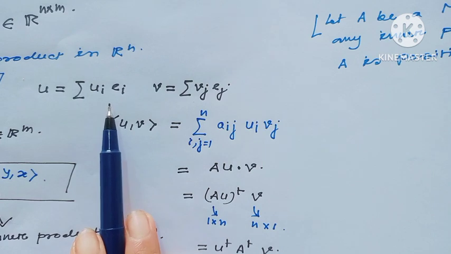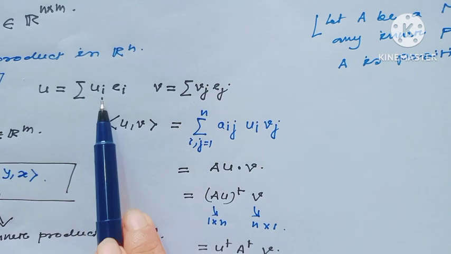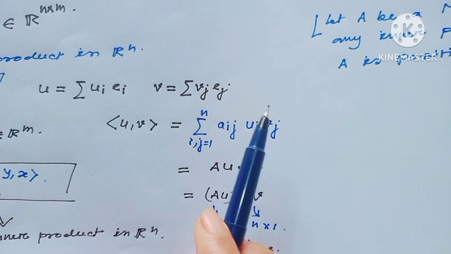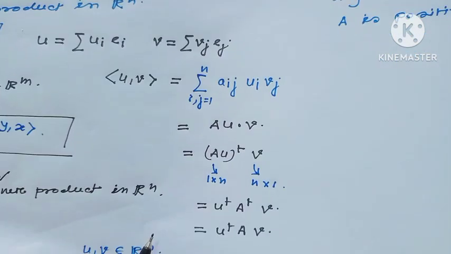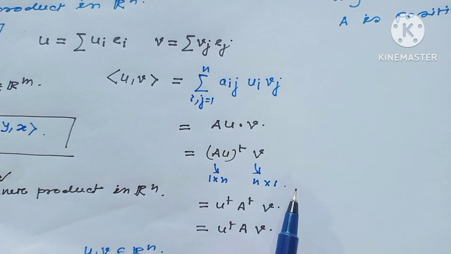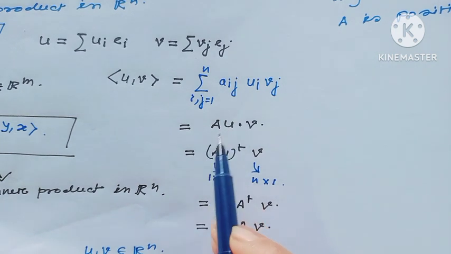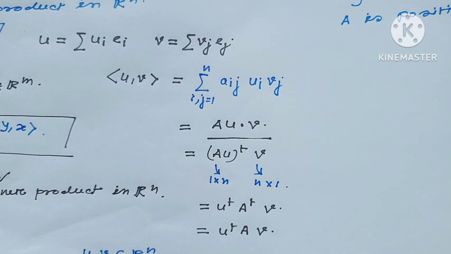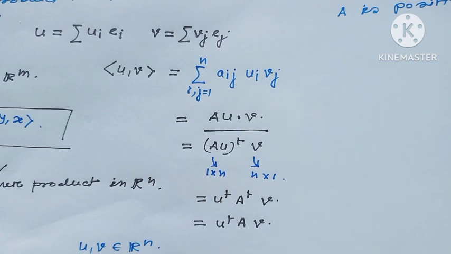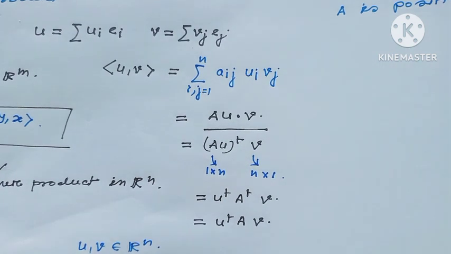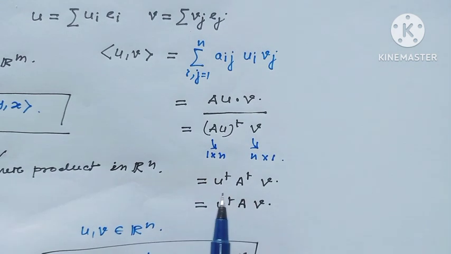Here this would be Ui Ei, Vj Ej. That means this combination of Ei Ej, consider this as Aij, Ui Uj, and this is actually AU dotted with V. AU dotted with V means AU transpose V, where AU transpose is a 1 cross N matrix and V is an N cross 1 matrix, and AU transpose means U transpose A transpose V, and since A is a symmetric matrix, we can write A transpose equal to A, therefore U transpose AV.